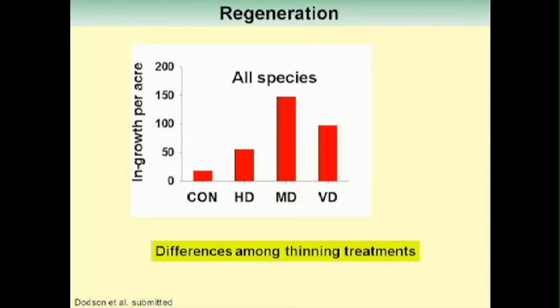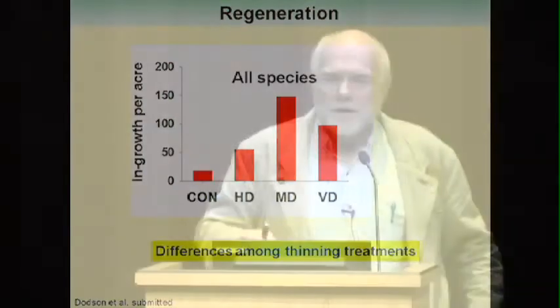And here the thinning treatments kind of separate out on that, and I think that's kind of maybe already the long-term aspects kicking in. That if you go to a high density and to a moderate density, you see a difference in growing patterns on that.